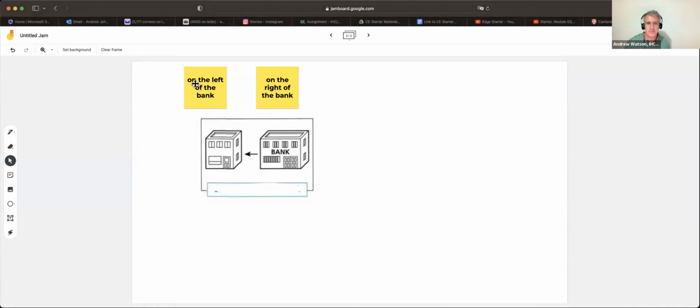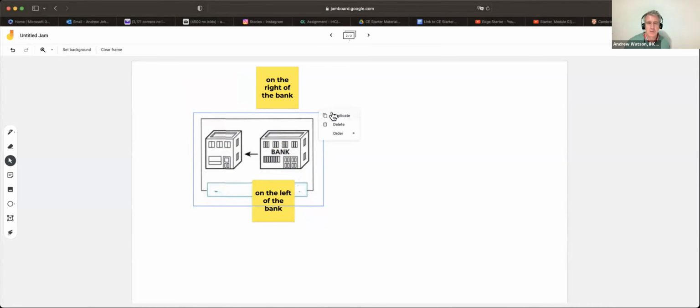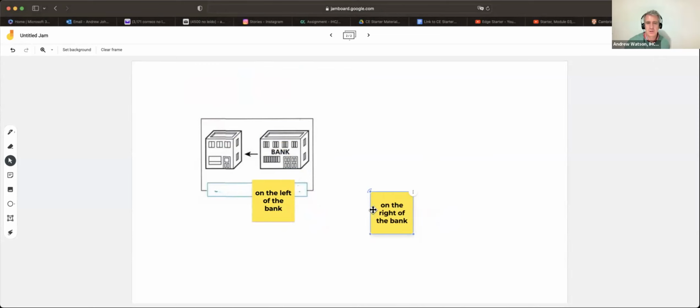On the left, isn't it? So you could have the prepositions matched to the diagrams. It's quite easy to design. Bit of fiddling around.